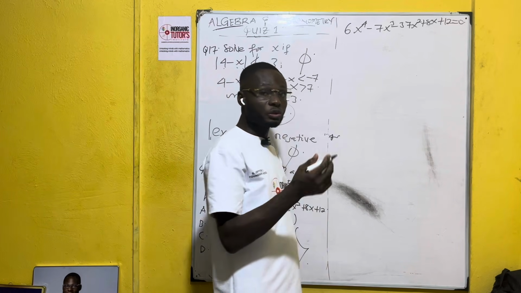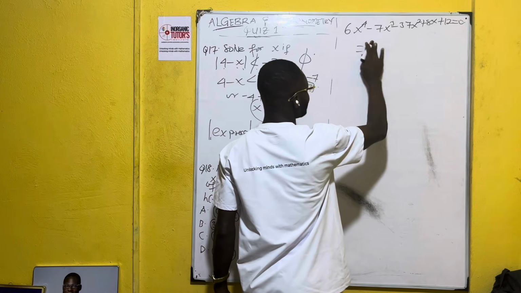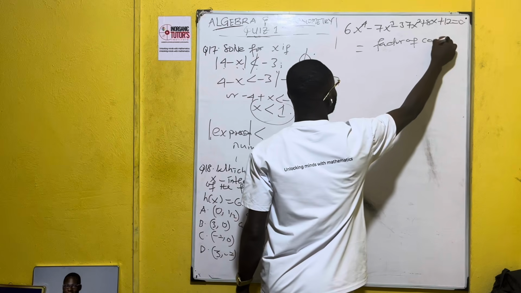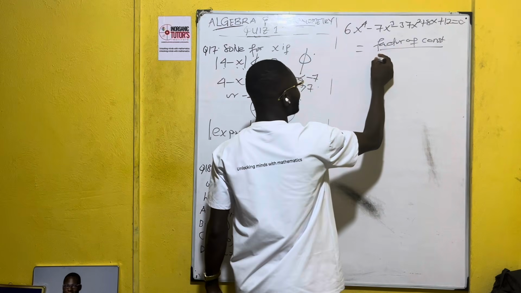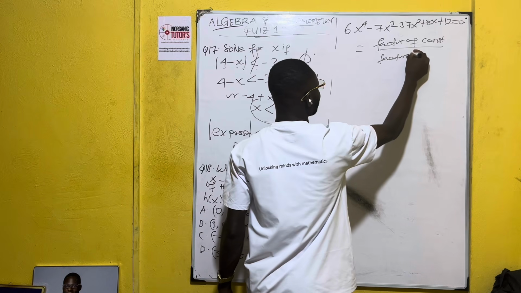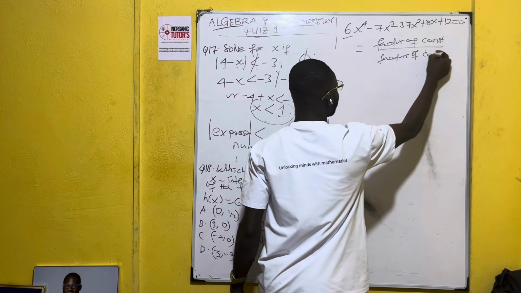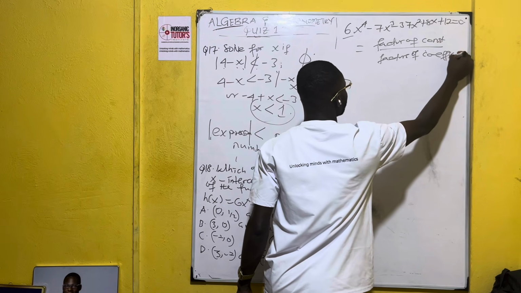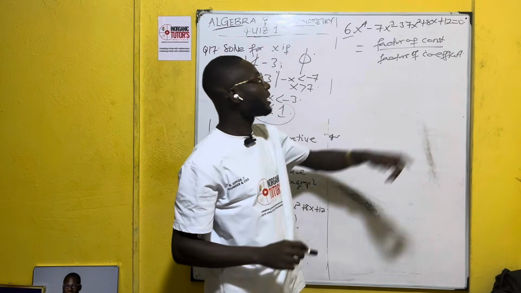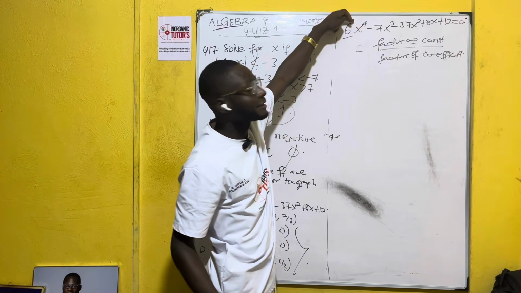Remember, the rational root theorem states that you find the factors of the constant over the factors of the coefficient of the highest power.